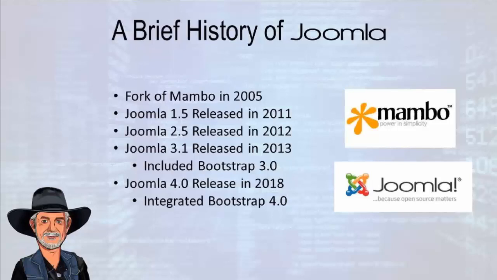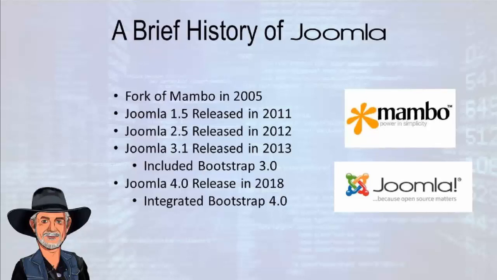You'll have a group of programmers working with open source code that wants to take a project in a different direction, and so they'll branch off, and that's referred to as a fork. So Mambo was under development in 2005, and some programmers that were working on the Mambo project wanted to take the project in a different direction. They forked off and developed Joomla.